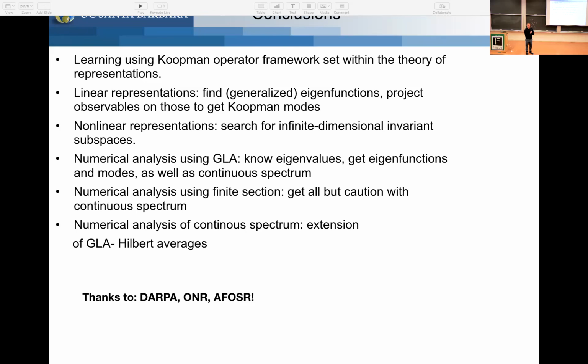Then on the question of control, we have an A matrix and a B matrix. We lift linearly, and we do LQR on it in the lifted space, not in the state space. The number of modes, we use delay coordinates that I have described, so Krylov.